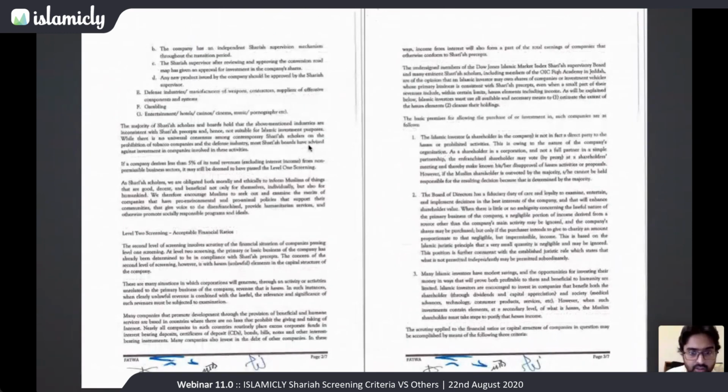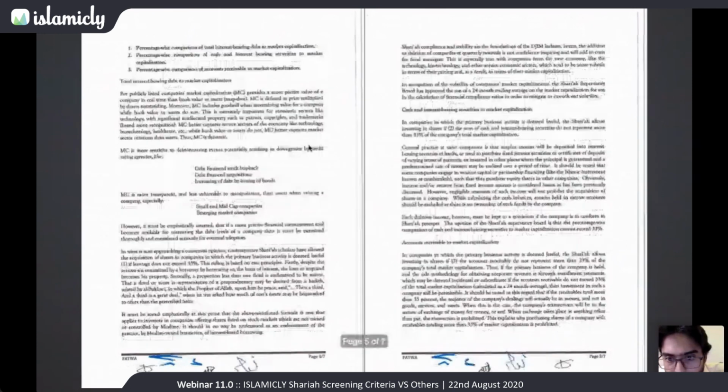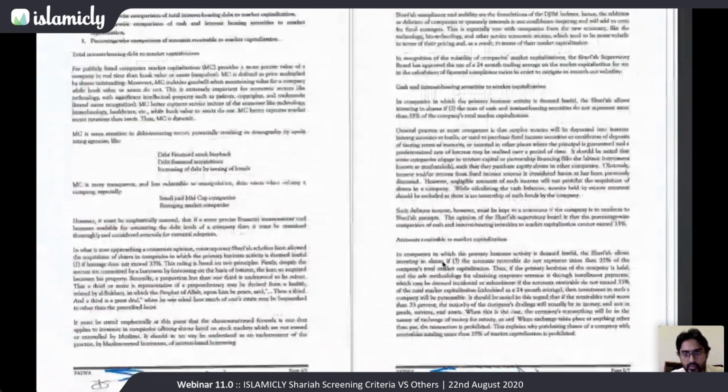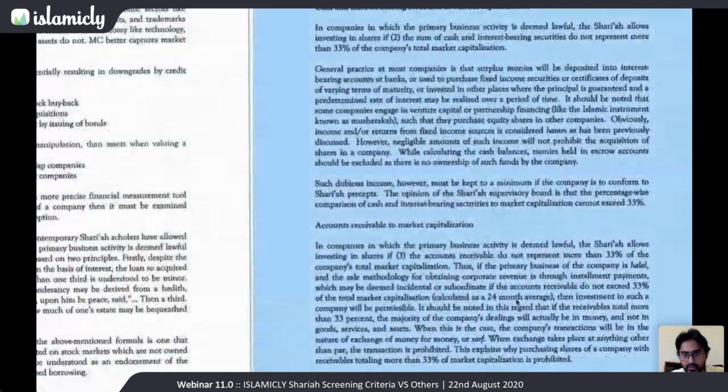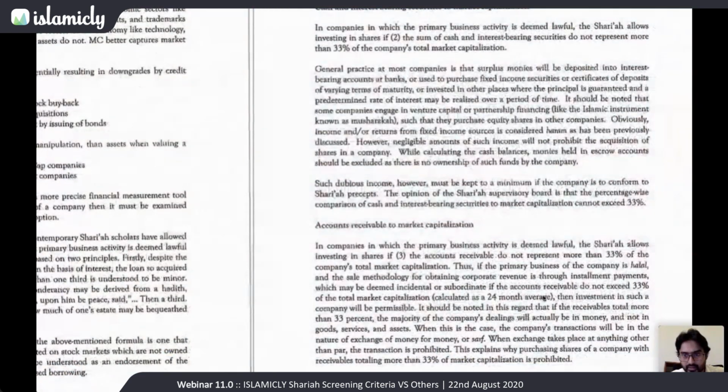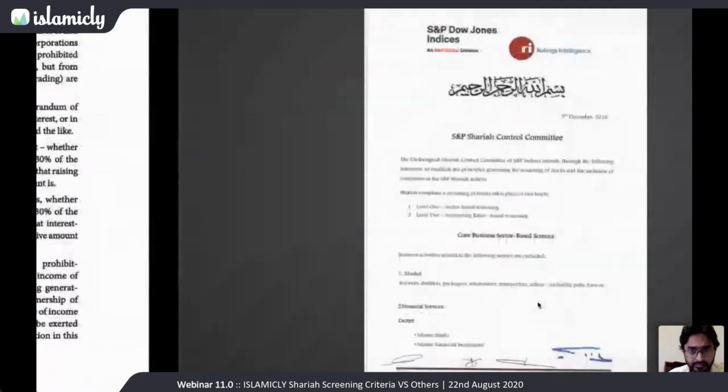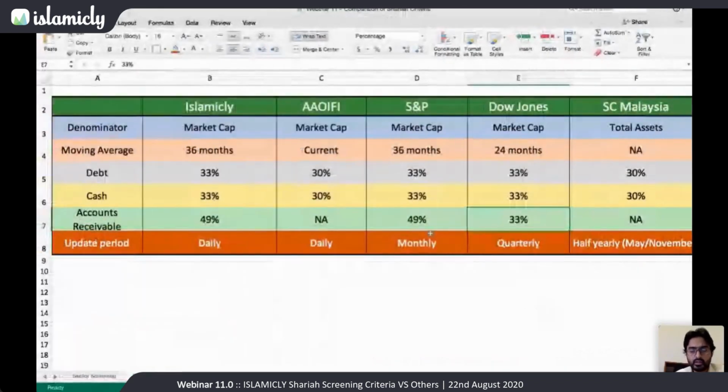It must be mentioned in this place somewhere. Yeah, it's here. I found it at one place, as you can see my cursor: accounts receivables, the market capitalization calculated as 24 months average. All right. Hence, this is 33%.